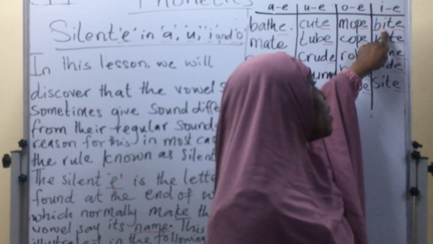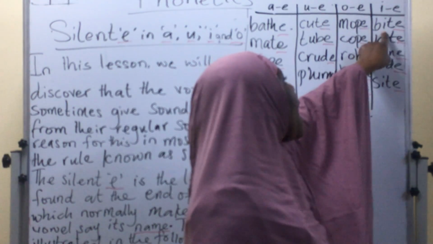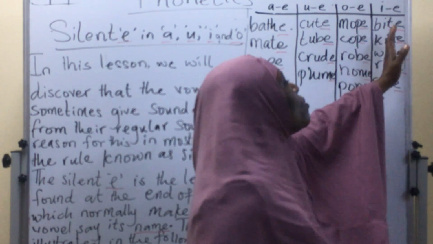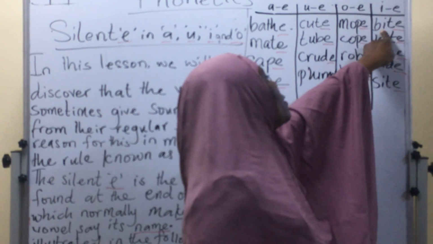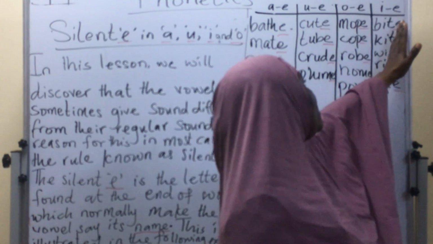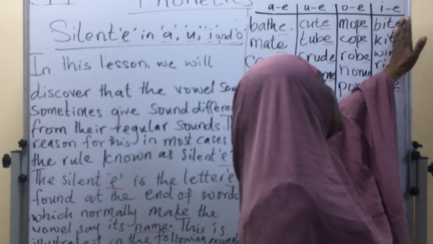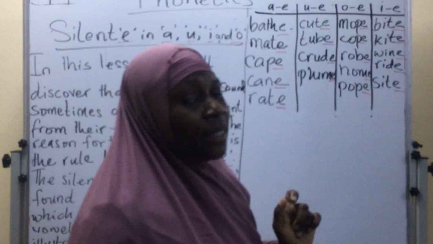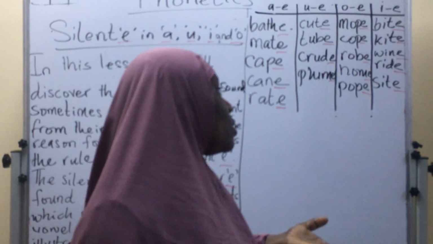So it's going to give us bite. Because of the I, automatically the E is silent. So we just pretend as if it's not there because it has changed this vowel sound. Without the E, this is kit. Kit. But if we put the E, we get the word kite. Like the ones you see children fly these days because it's summer.